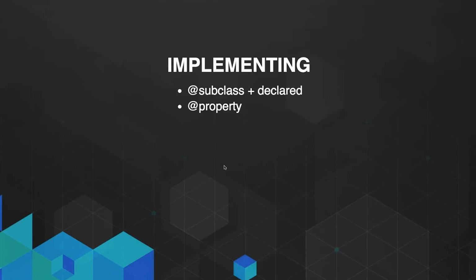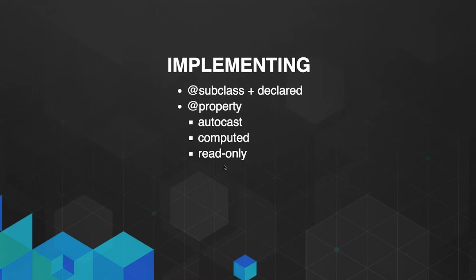And then you have property. This decorator allows us to define how a property will behave. So if you want to create an instance, for example, from a plain object, you can use the autocast feature. You can define a property as computed, so if it depends on other properties, you can define it with this decorator as well.